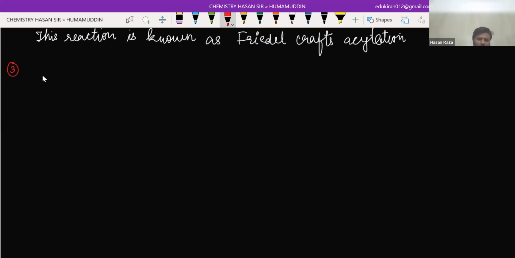Now the third type of reaction, after nucleophilic and electrophilic, is reaction with metals.